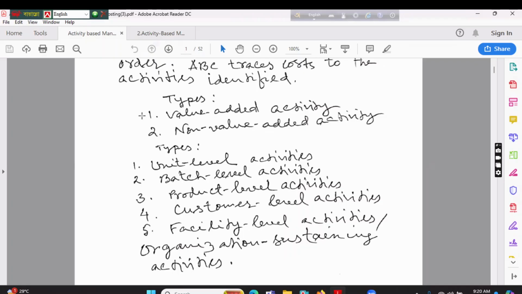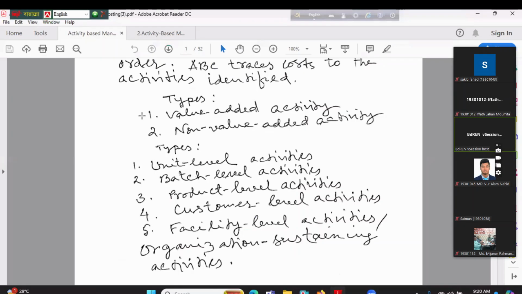All activities other than those absolutely necessary to remain in business, and therefore considered unnecessary, are referred to as non-value-added activities. A non-value-added activity can be identified by its failure to satisfy any one of the three previous defining conditions.